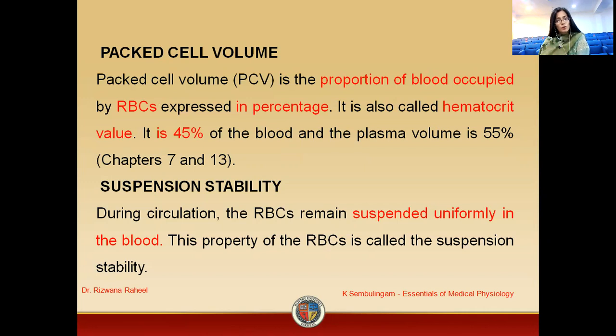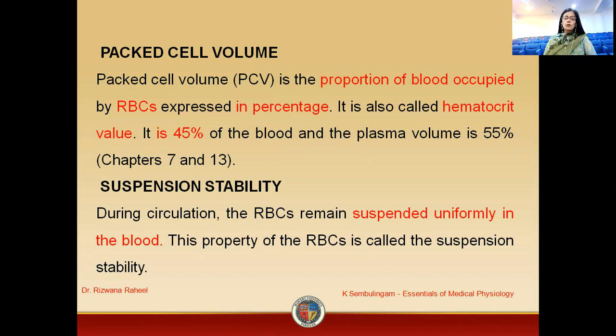That is the portion of the RBCs in the hematocrit tube, that is at the bottom of the tube. So, this hematocrit value is expressed in percentage. Normally, it is 45%.